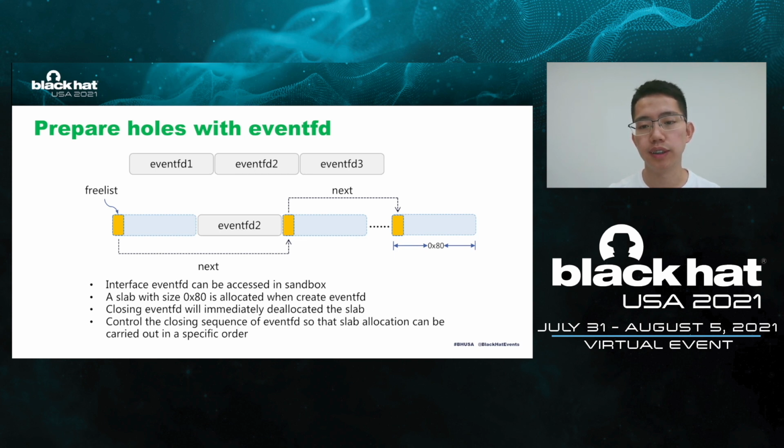Control the closing sequence of eventfd so that slab allocation can be carried out in a specific order. As shown in the PowerPoint, we firstly close the eventfd of D3 and then close the eventfd of D1. And then the order of the heap blocks in the free list will be eventfd of D1, then eventfd of D3. In fact, this corresponds to the allocation order.